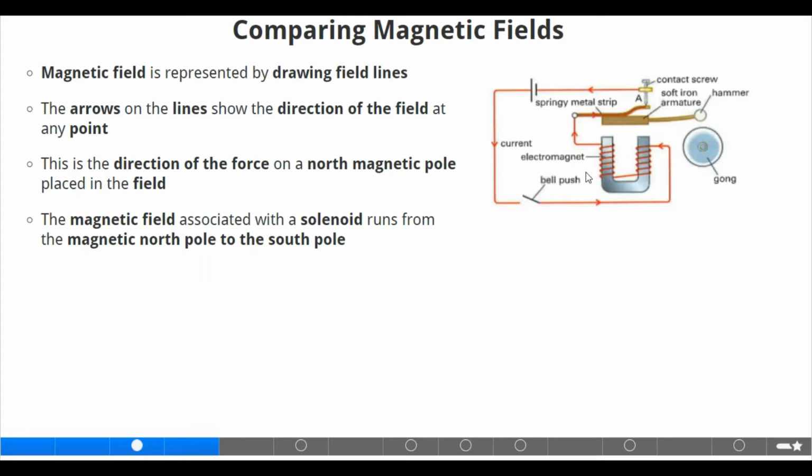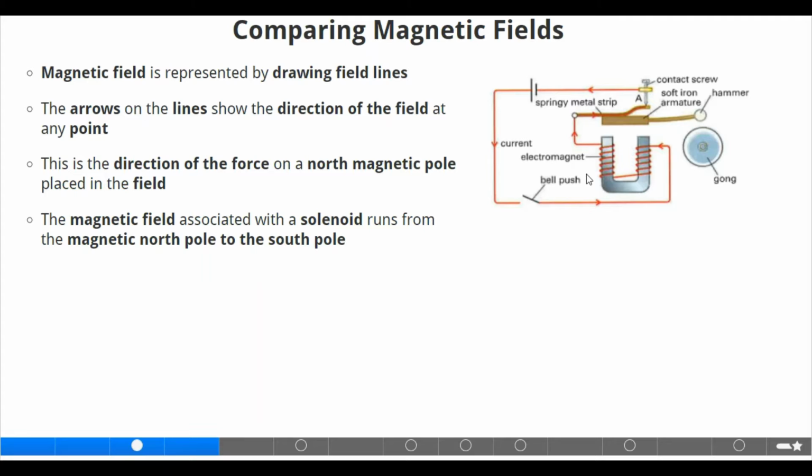Now, looking at this diagram on the right, this is a typical illustration of an electric bell. For an electric bell, current flows through the wire. It has a bell push, which is more or less like a switch. Then it has an electromagnet in which wires are wound around it, just like performing the role of a solenoid.